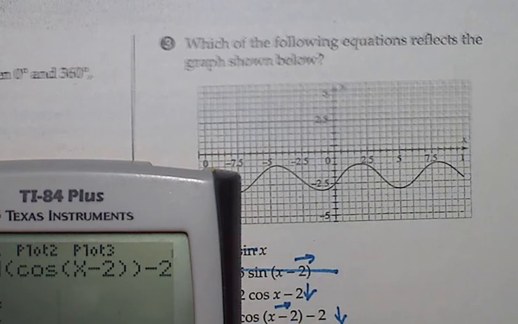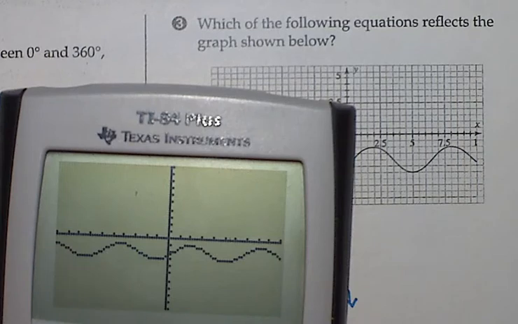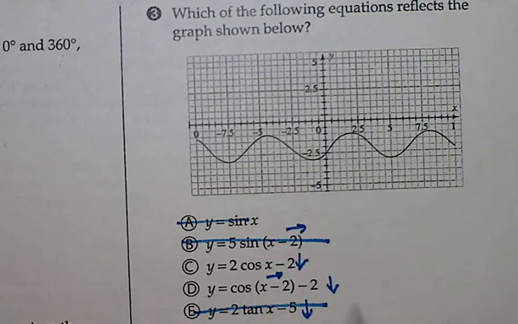Can I please have the partners on the left and the partners on the right compare what you have to see which one this appears to be like? So I should see talking between the two partners. Is it C or is it D?